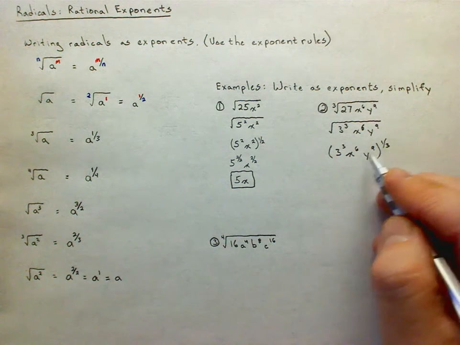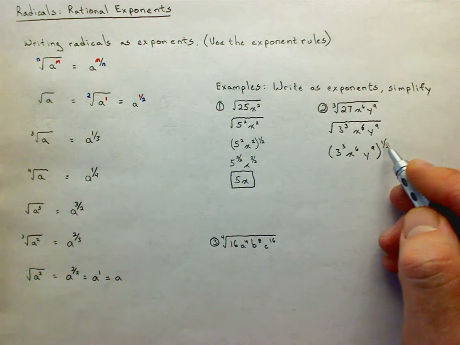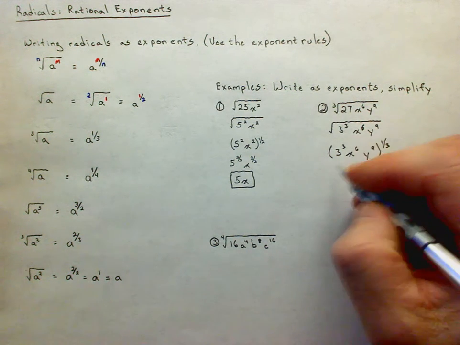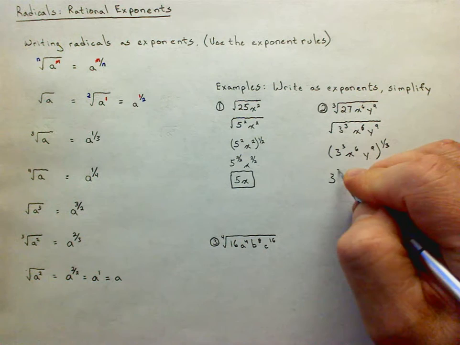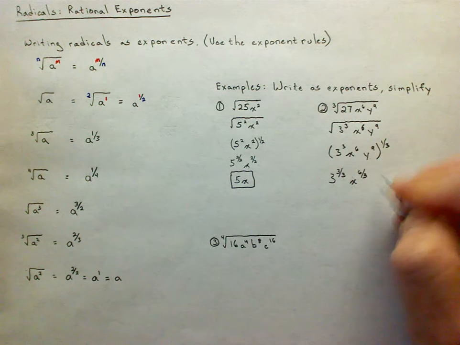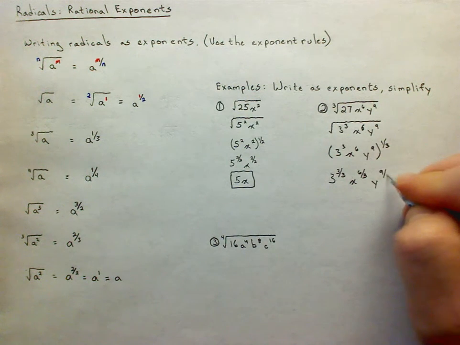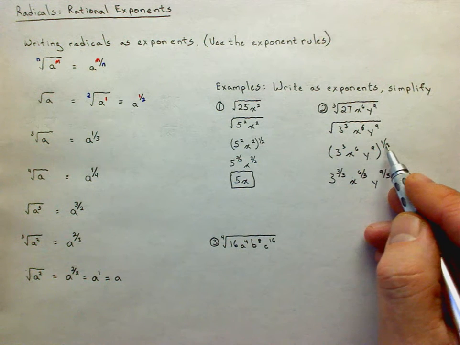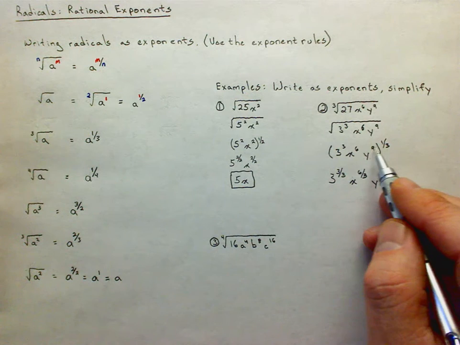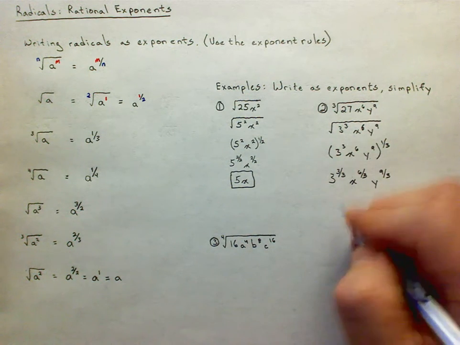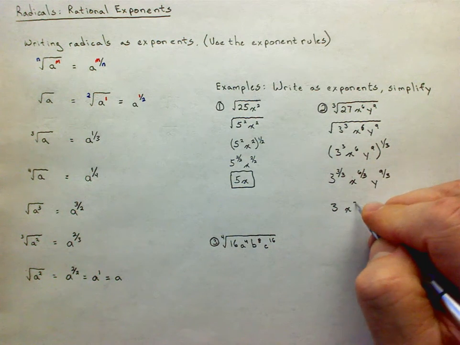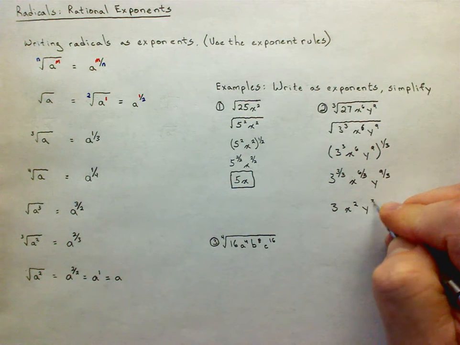That means I'm using the power rule for my exponents. I multiply 1/3 times 3 and 1/3 times 6 and 1/3 times 9. So 3 times 1/3 is 3/3, 6/3 and 9/3. In essence, in my mind, what I see is I'm multiplying by 1/3, which is the same as dividing by 3. I go through each one of these in my mind and divide each one by 3. That becomes 3 to the first power. This becomes x squared, and this becomes y to the third power.